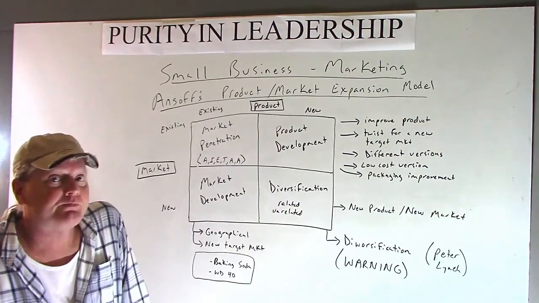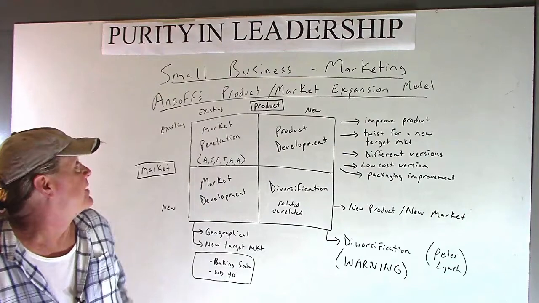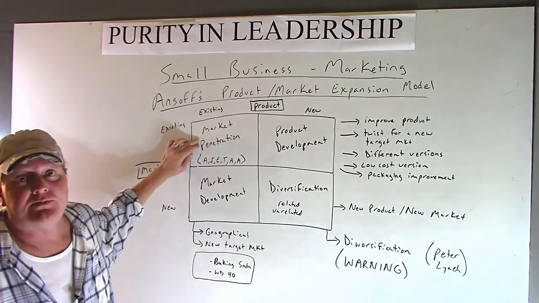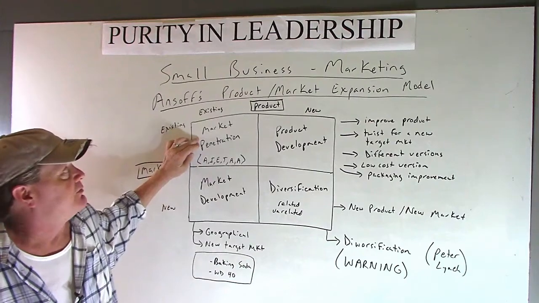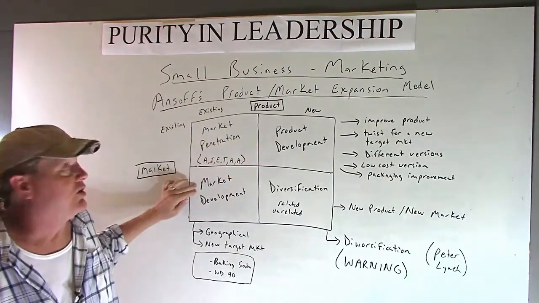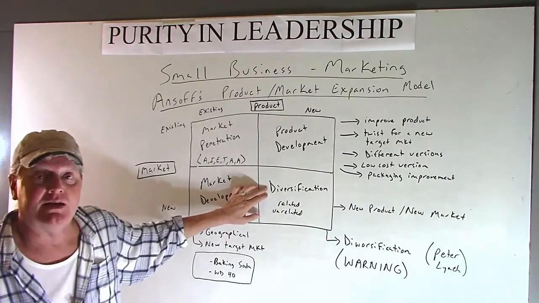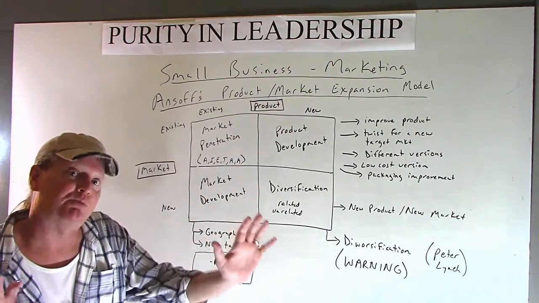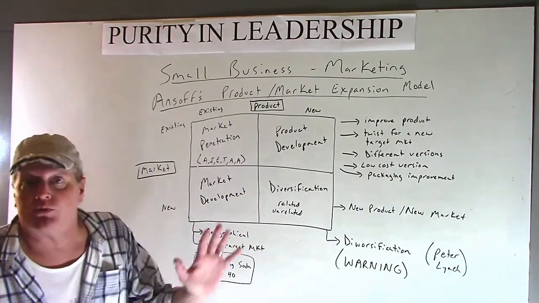So what does that mean for you as a small business? To summarize, have you fully penetrated the market? Maybe there's still room to grow there. Maybe we need to come up with a new product. Maybe we need to find a new market. Maybe we need to just try something else and help protect ourselves from a downturn in what we're doing.